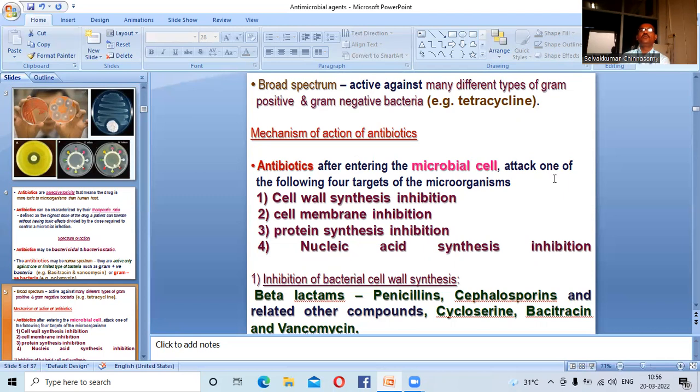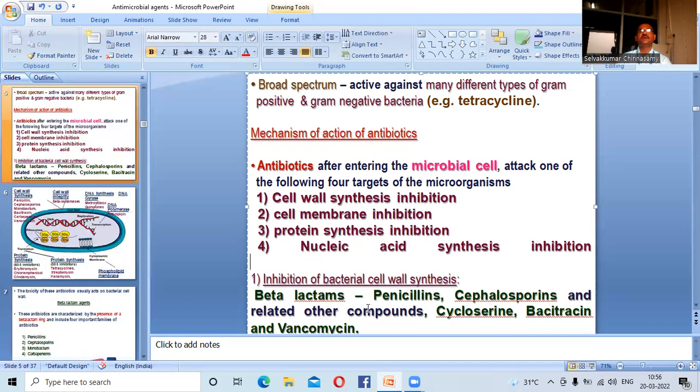Then mode of action: how does the antibiotic act on the bacteria? After entering the microbial cells, antibiotics attack one of the following four targets in the microorganisms. One is cell wall synthesis inhibitory antibiotics, another is cell membrane inhibitory antibiotics, protein synthesis inhibitory antibiotics, and nucleic acid synthesis inhibitory antibiotics.